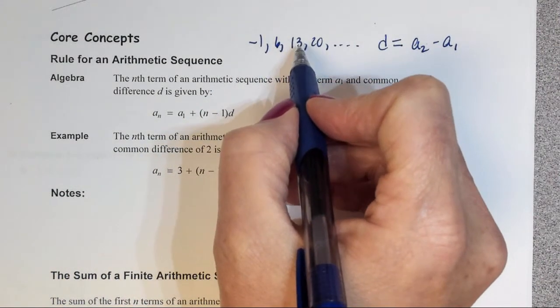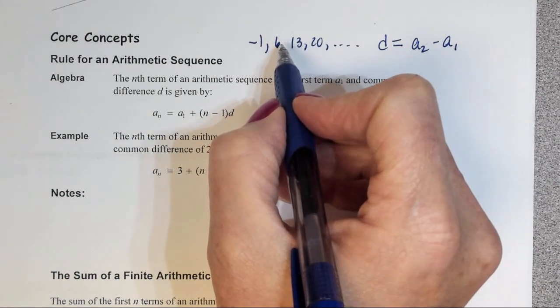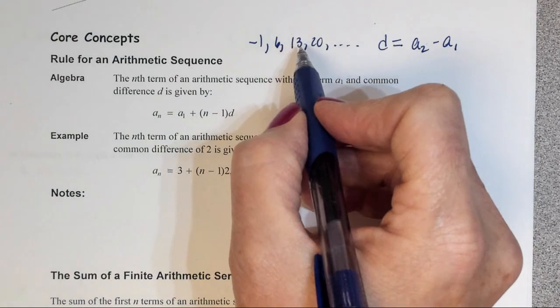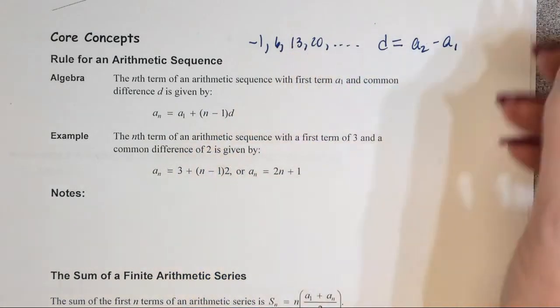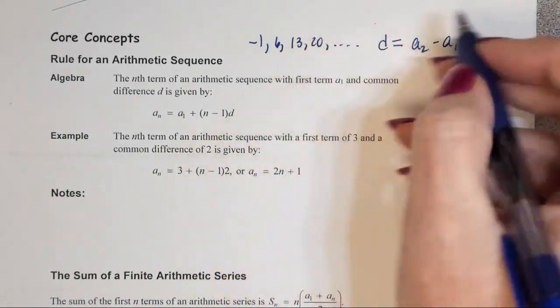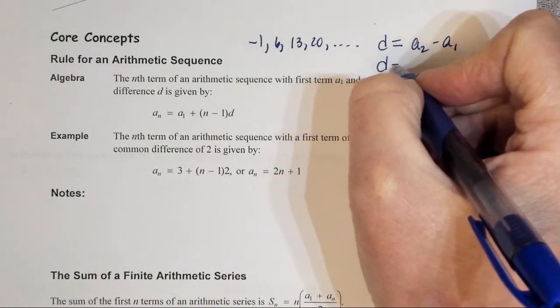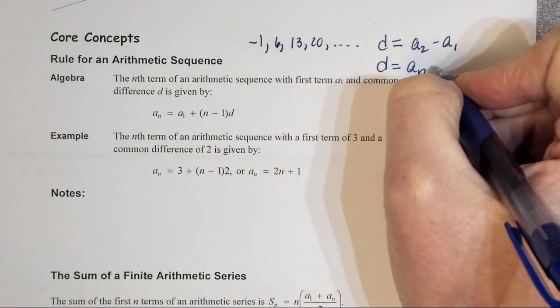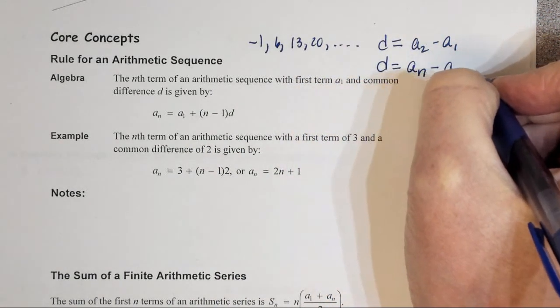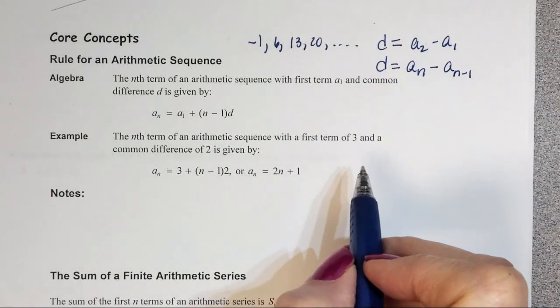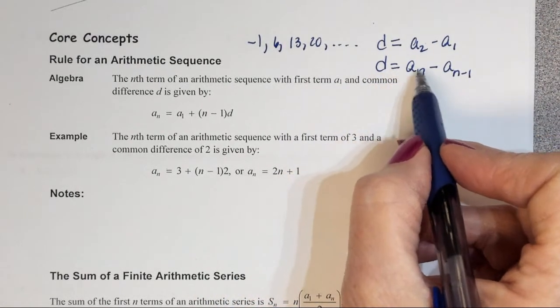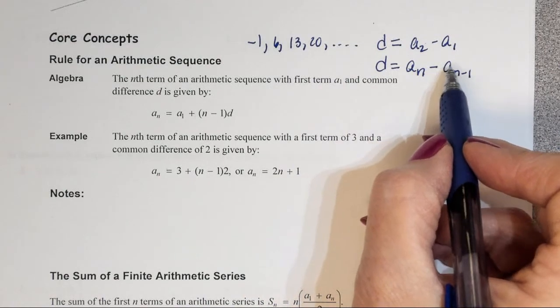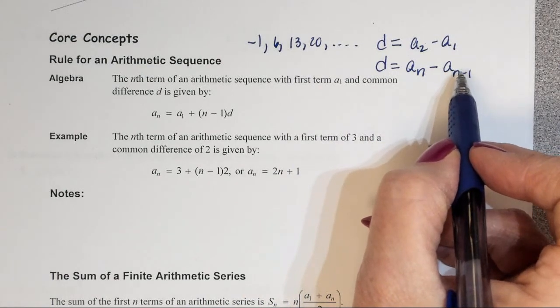Or D could be a sub 3 minus a sub 2, or a sub 4 minus a sub 3. So I could say D is always going to be a sub n minus a sub n minus 1. What that means is it's any term minus the term in front of it.